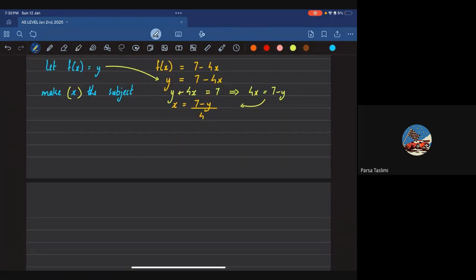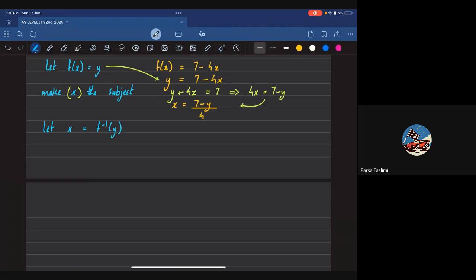Now, usually my students say that maybe I'm just making stuff up, but no, this is actually the way you're supposed to do it. Let x be equal to f inverse of y.